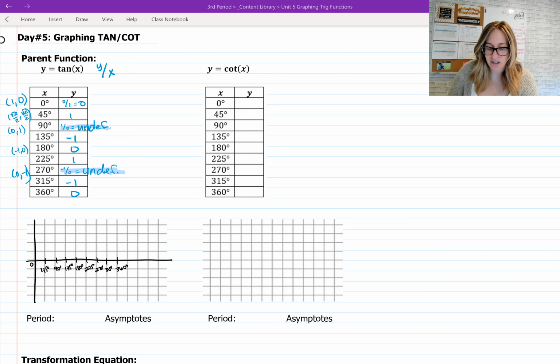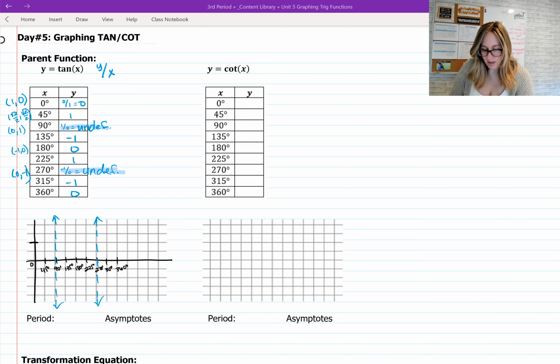Just like I said, where we have those undefined points, we are going to have asymptotes. So I'm going to sketch those in. At 90 degrees, I have an asymptote, and at 270 degrees, I have an asymptote. Now I'm going to label my min and my max value. Minimum -1, maximum +1.